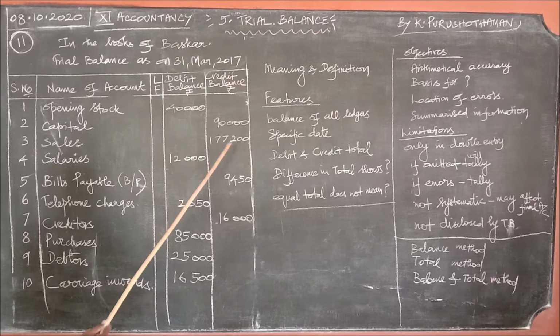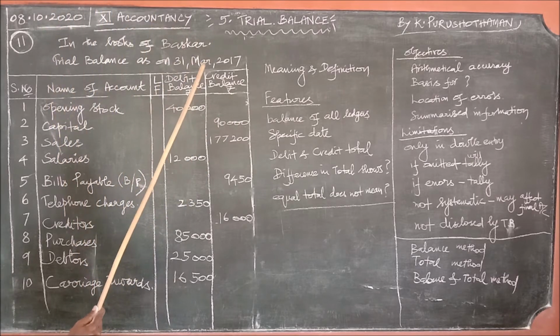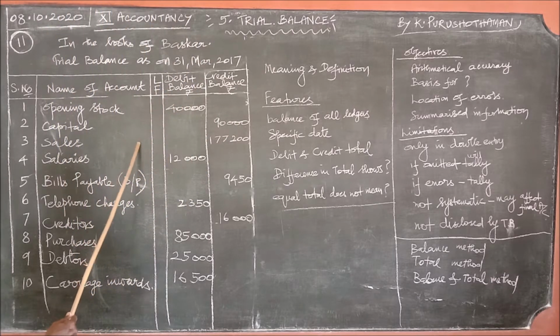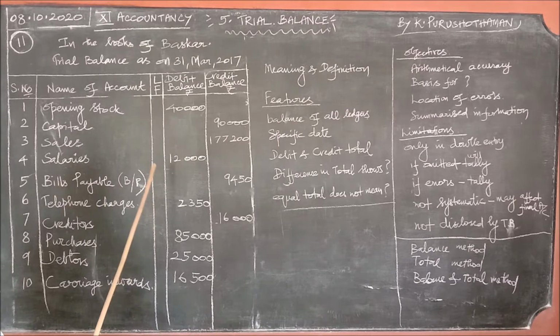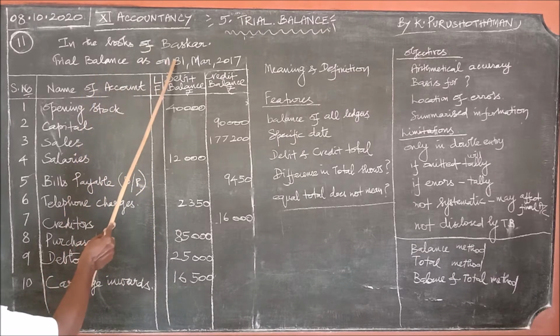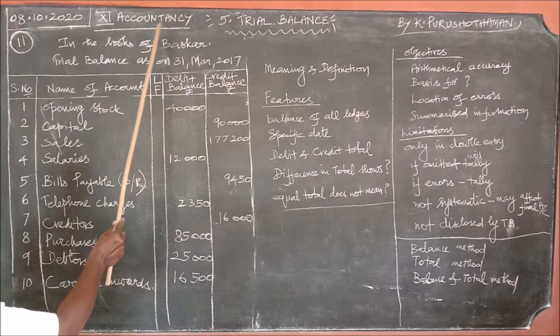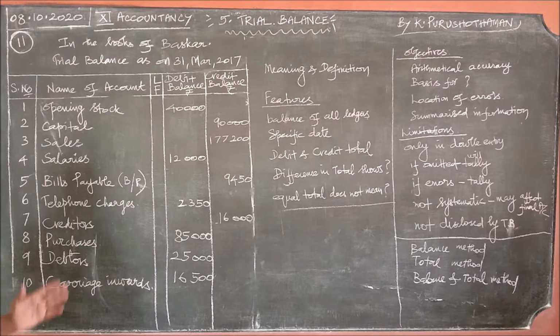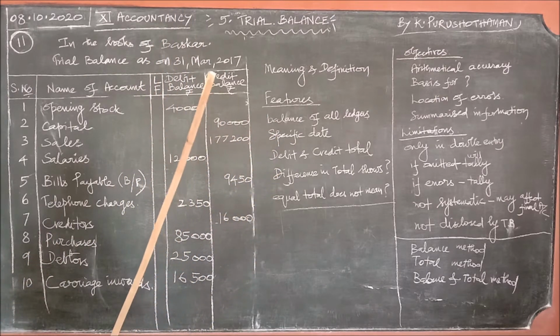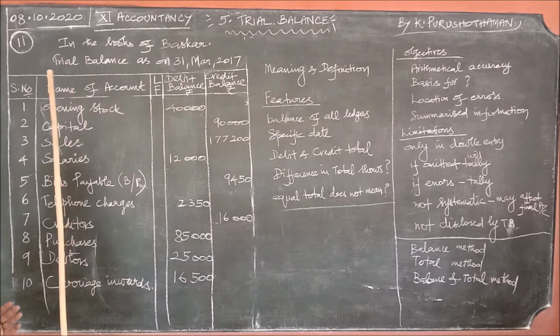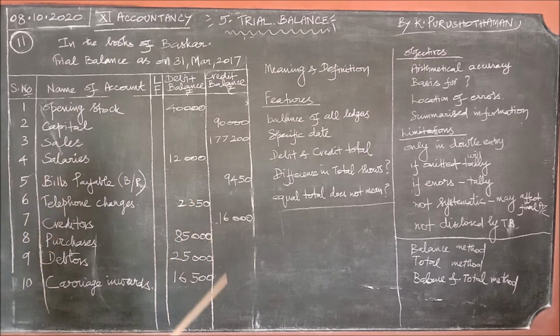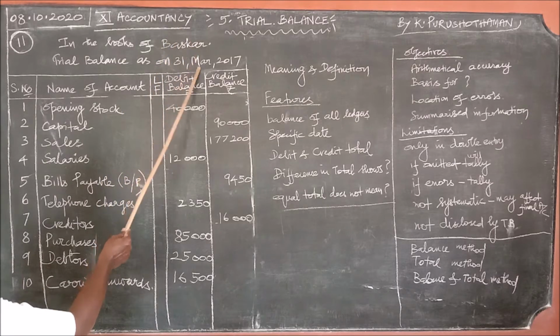So, balance of all ledger accounts is in trial balance, and also it is prepared on a particular date, as on, not for the year ended. I am not saying the account for one year ending; it is on a particular date, because the trial balance is prepared on a particular date.